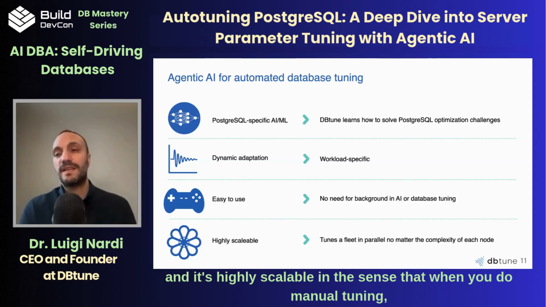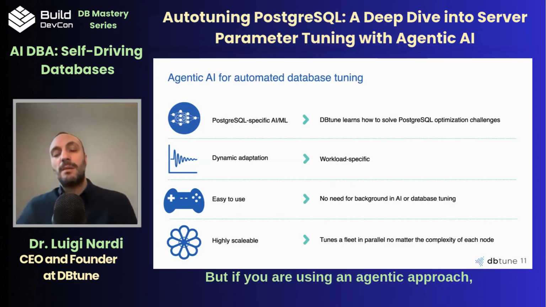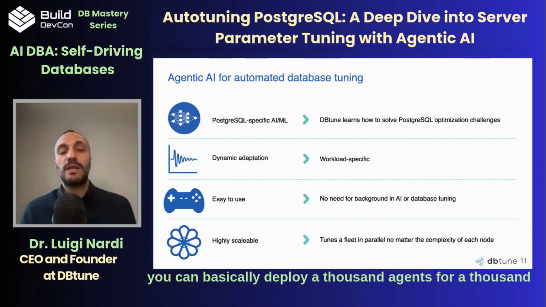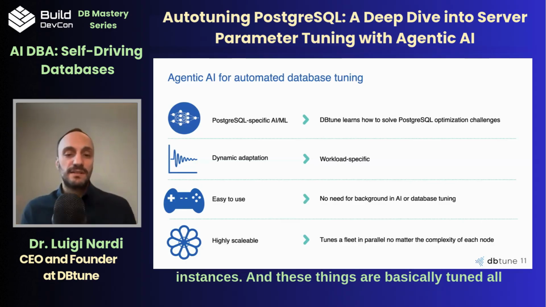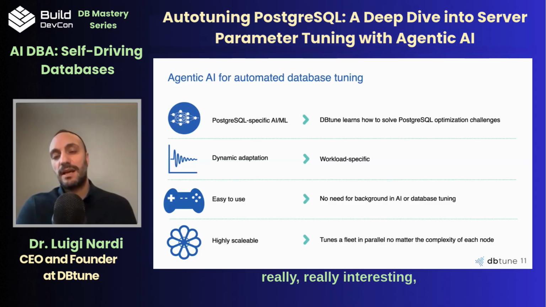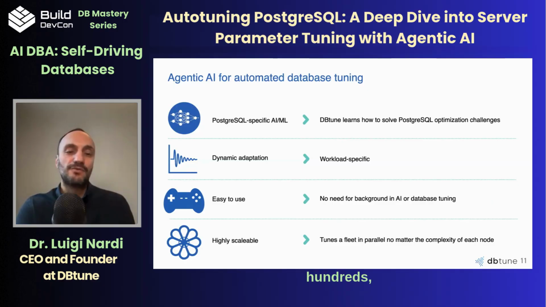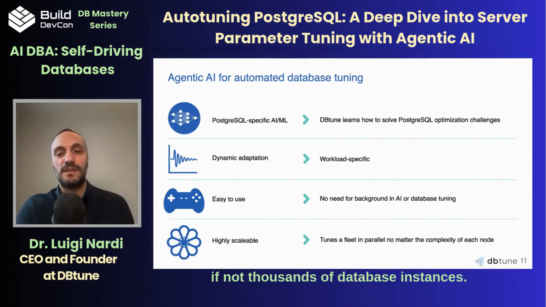And it's highly scalable in the sense that when you do manual tuning, you need to tune one instance at a time. But if you are using an agentic AI approach, you can basically deploy 1,000 agents for 1,000 instances. And these things are basically tuned all at the same time, which is really interesting, especially if you are a large enterprise company that has hundreds, if not thousands, of database instances.